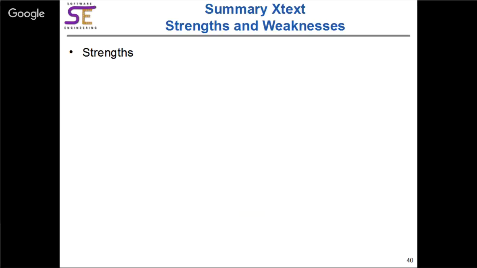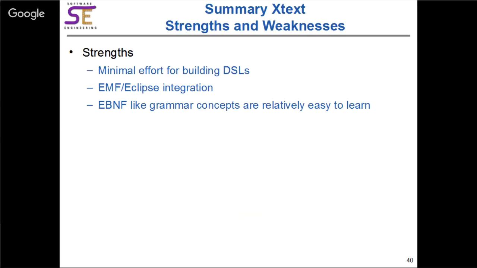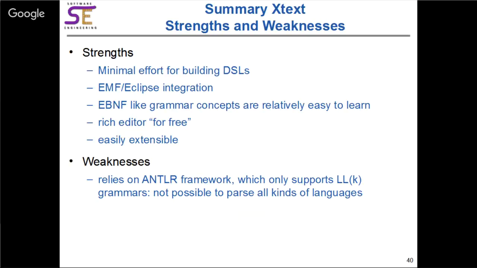So what is this good for? We saw that this is a rich framework where you can build your own textual domain-specific modeling languages with quite minimal effort. You can generate Eclipse tools. This grammar is relatively easy to learn. You get a rich editor for free, extensible, but it also has weaknesses. For example, the underlying parser framework only supports LL(k) grammars.